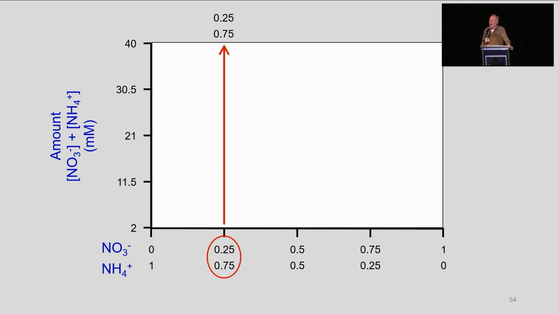It only varies on amount. Likewise, if we go the other way, at 21 millimole, and we push that across the proportion dimension, amount is fixed, but the proportions are changing. This is beautiful. So your analysis of variance can now pull out everything separately.